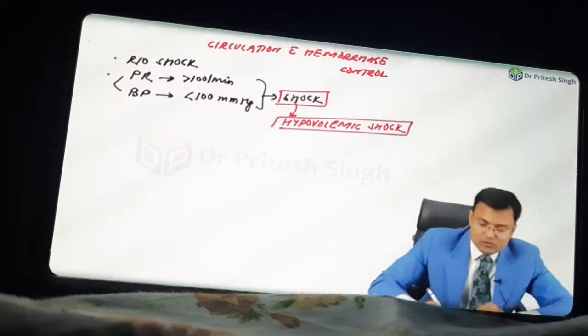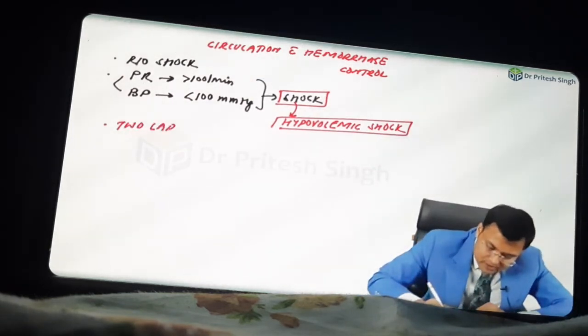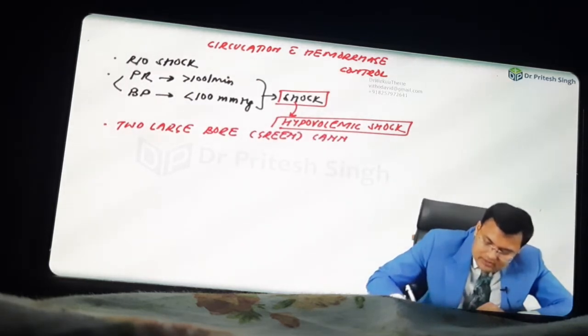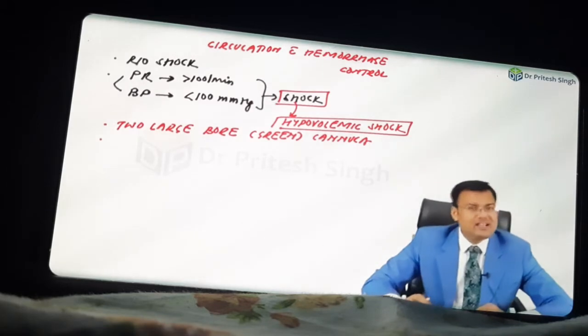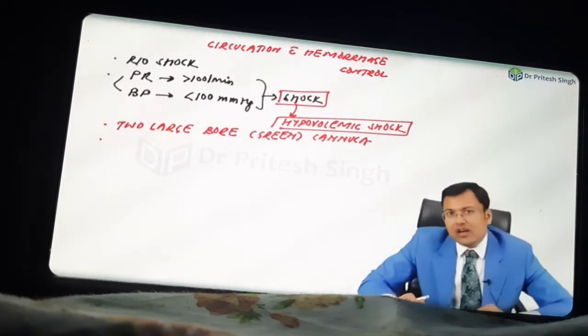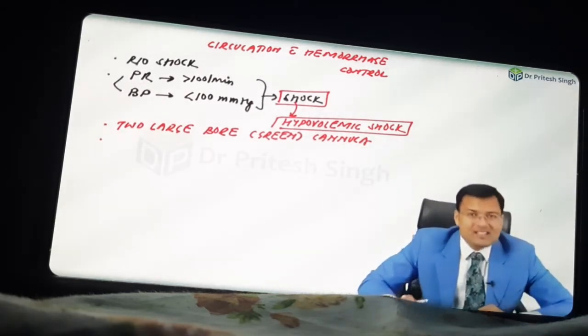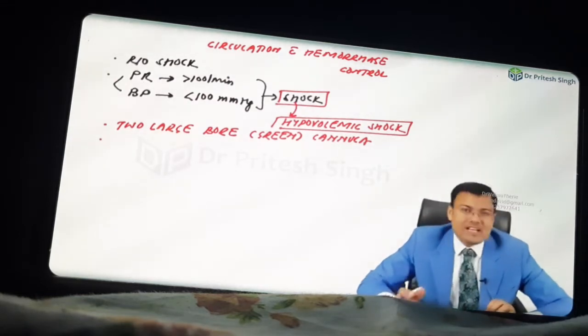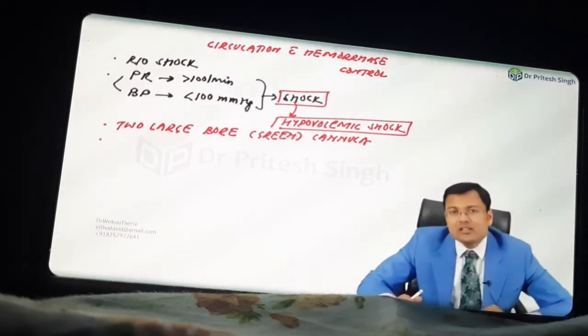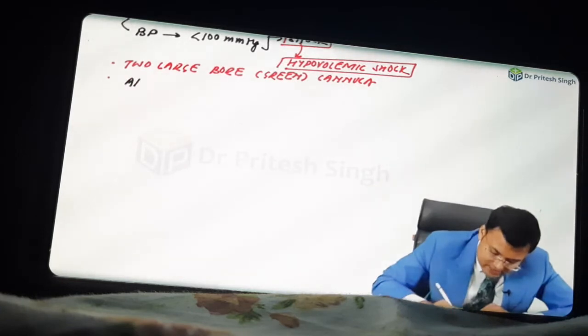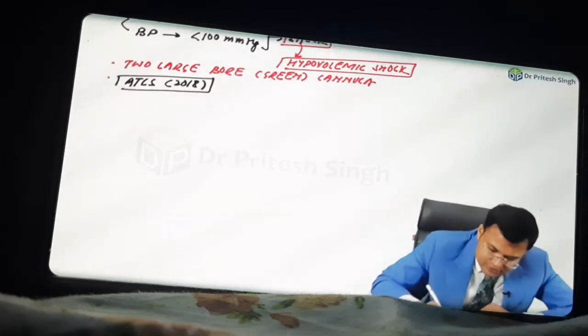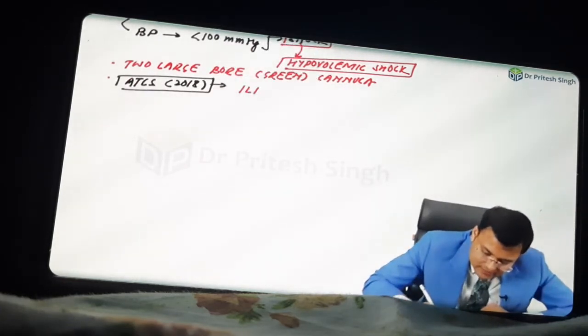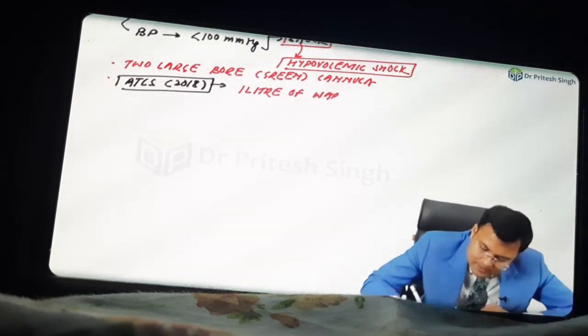In these patients, what we have to do: put two large bore IV cannulas, which one? This was asked, names: green cannula. Send the blood for cross match. Initially, it was said that warm crystalloids should be given in adults, 1 to 2 liters, but according to the ATLS 2018 update, in place of 1 to 2 liters, we are giving only 1 liter of warm isotonic crystalloids in adults.